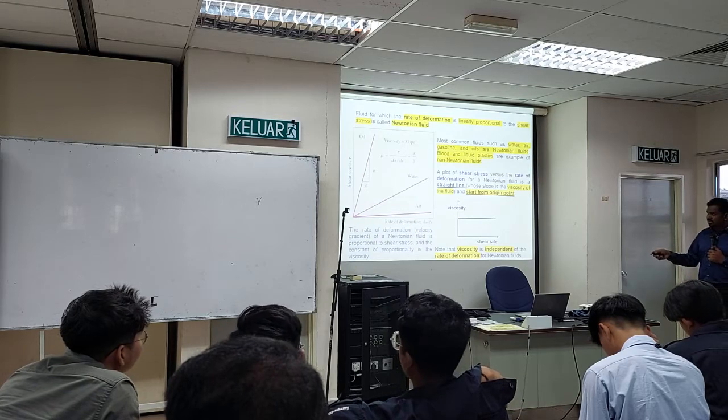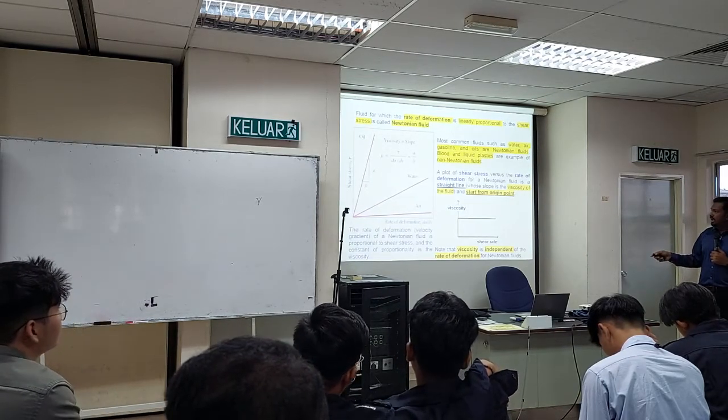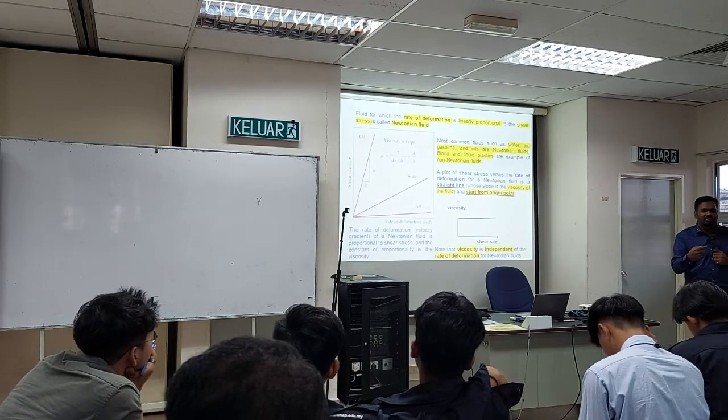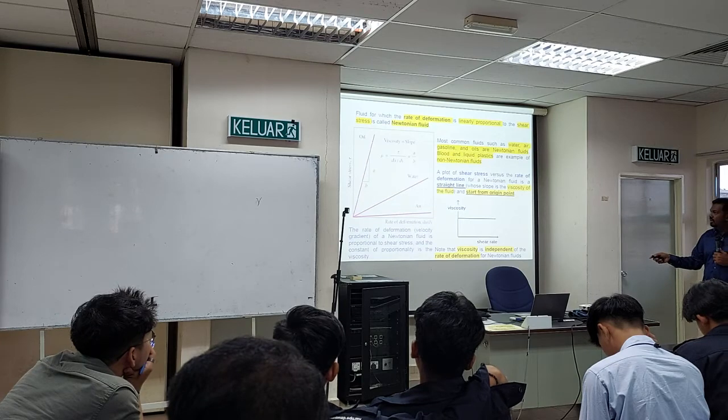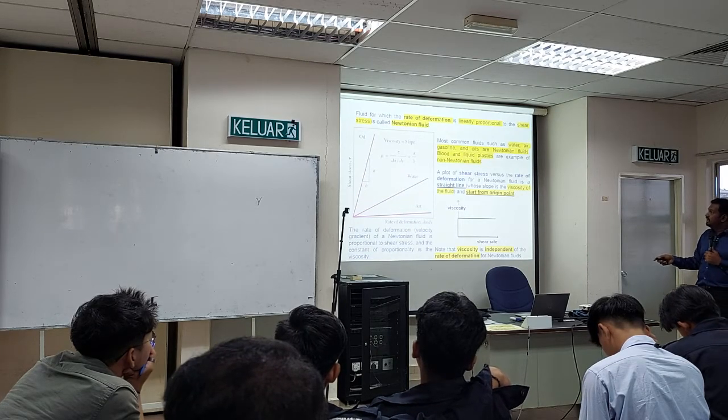Okay, so if you draw this graph, you can draw for different substance ataupun different fluid. Like here, oil, water and air. Selalunya kita akan compare antara tiga ni lah.